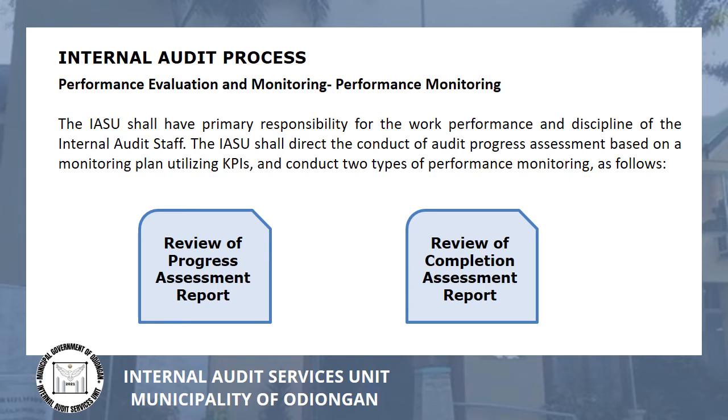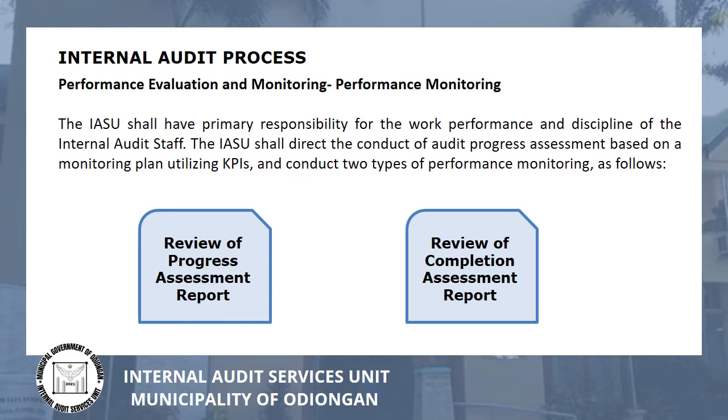The review of progress assessment report focuses on whether or not audit objectives are met as reflected in the audit findings and recommendations. Findings and recommendations are based on facts and substantial evidence and in compliance with the relevant laws, rules, and regulations. It complies with the internal auditing standards set by the DBM rules and regulations.